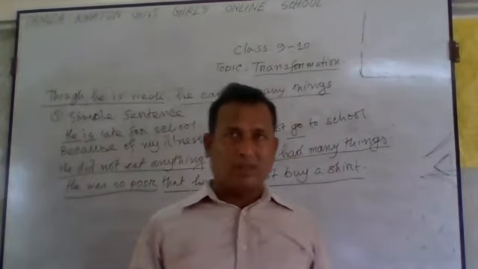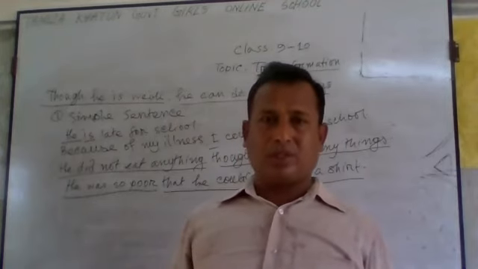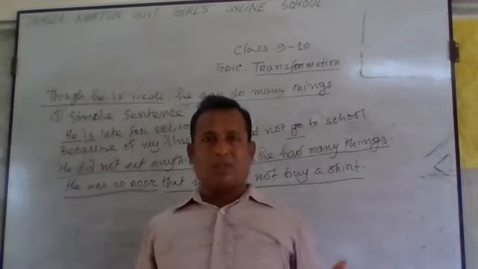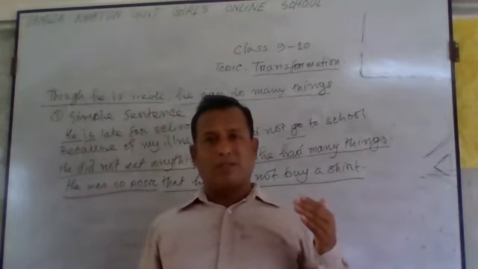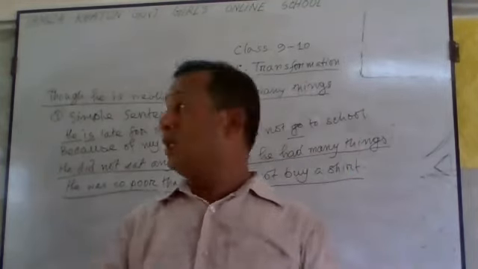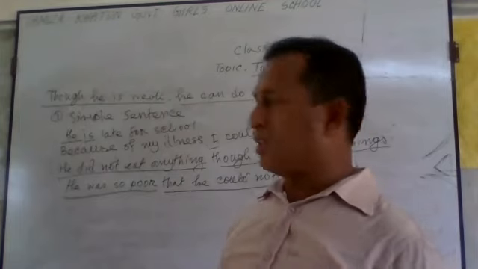In a compound sentence, both the clauses are principal clauses. There is no subordinate clause, and all these are principal clauses. Okay. I am now writing some examples of the compound sentence.